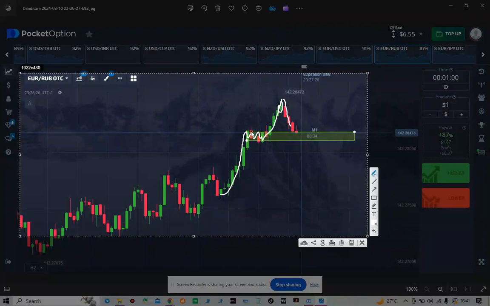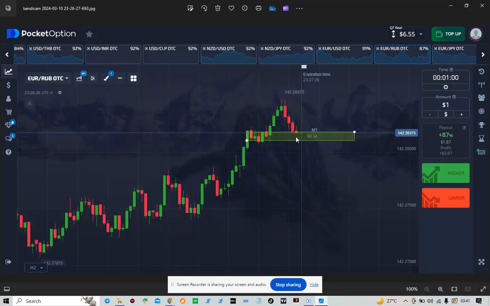This consolidation, the pause area the price entered before the buyers exploded to the upside. I expect the price to close inside the zone to go with buyers on the next candle. But I didn't take this trade because the market did not respect the zone. It broke the zone and pushed downward, so I didn't take any trade here.